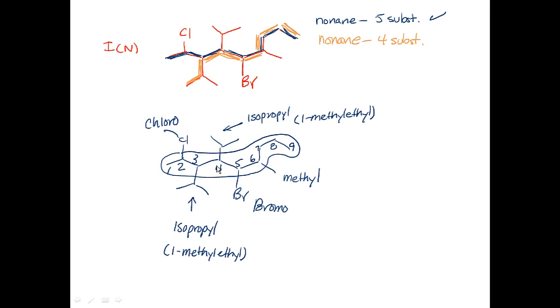And so this is going to be a nonane. And just to make life easier, I'm either going to call these 2 isopropyl groups or 2 1-methyl ethyl groups. I'm not going to mix and match on this one. So that means that I'm either going to have a 3,4 diisopropyl group, or a 3,4... oh, isn't this fun?